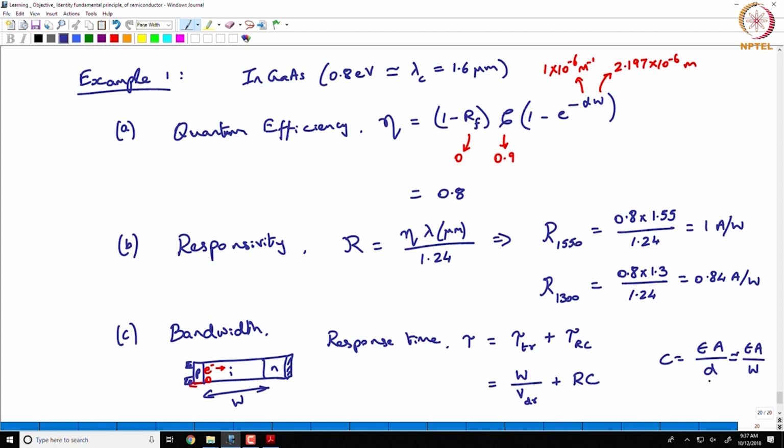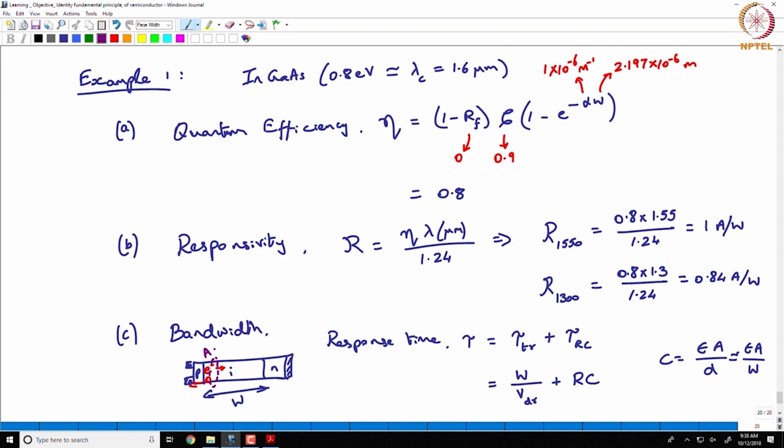What is A here? Right, that corresponds to, if you were to put it in dotted lines, the cross sectional area over which the carriers are going across, right.